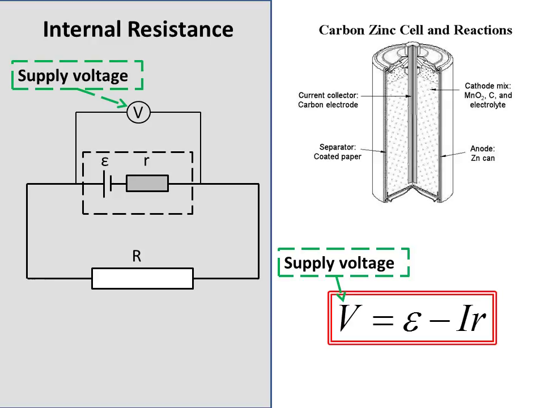We would measure the voltage from the outside. That's called the supply voltage. So now we've got two concepts so far. We have the theoretical voltage, the EMF, and the supply voltage, that is the actual voltage that we measure from the outside of the cell.